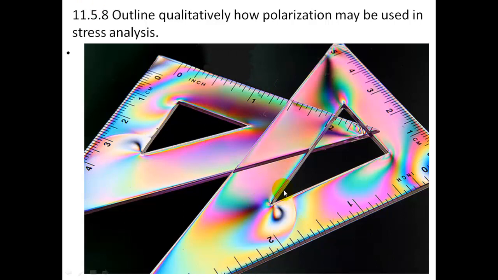These are seen through 2 polarizers, a polarizer and an analyzer, and you can see that this is a point of stress here, and this is a point of stress here. You don't need to know more than that. Qualitatively, how can they be used? Well, basically, you can see patterns of the polarized light on the stress points.